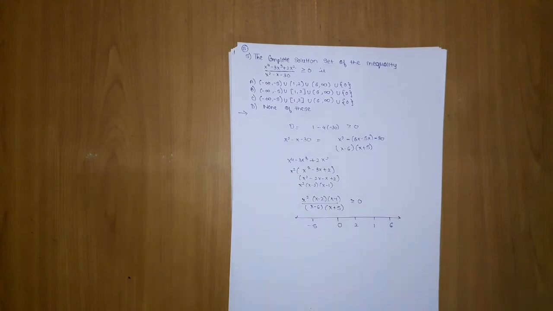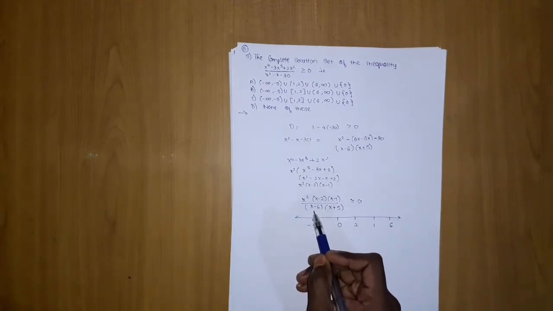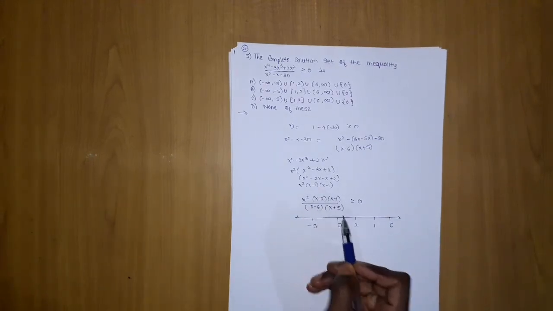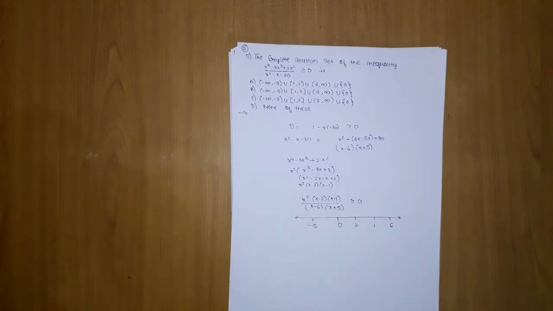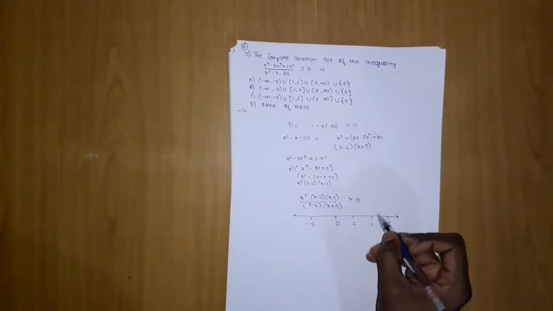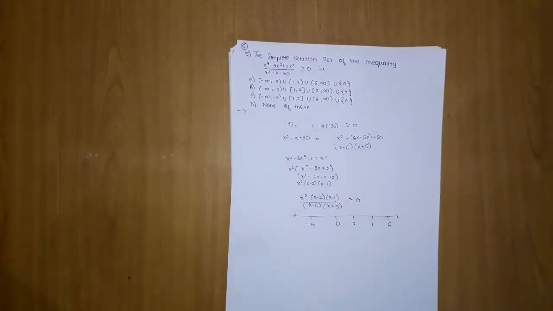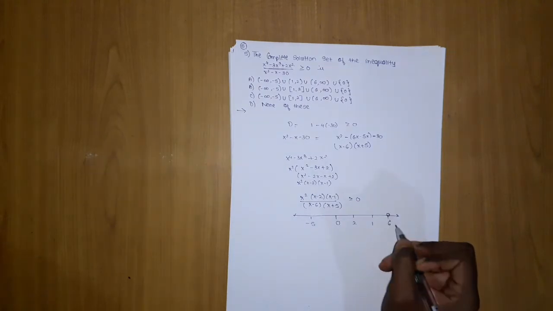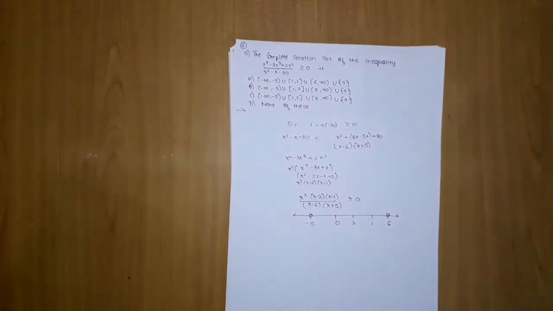Now remember we cannot include 6 and minus 5. Why? Because the denominator should never become 0, otherwise it will become not defined, and we do not want that, so we will never include it. So I will put an open mark like this, so that I never include it.